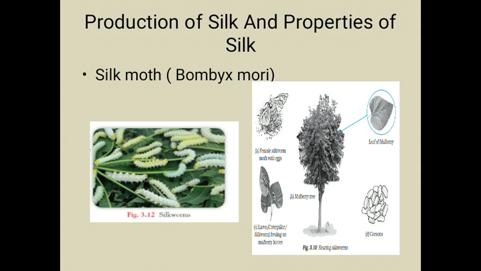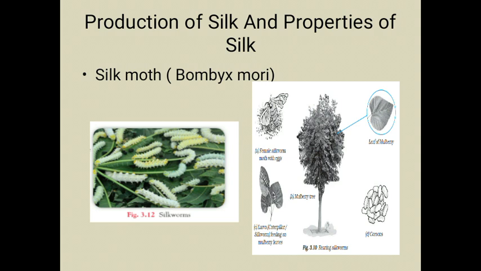Just one thread consists of 48 individual silk filaments, meaning that by combining 48 individual silk filaments, they can form one thread. Finally these threads are dried, and the raw silk is reeled and packed according to quality. So this is all about the production of silk, how we get the silk.